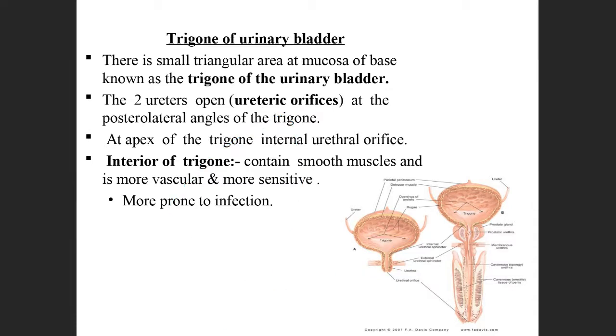So, the trigone of the urinary bladder is the triangular area of the mucosa known as the trigone of the urinary bladder. It has two openings. Two ureters open at the posterolateral angle of the trigone. See here, you remember where the ureters open in the urinary bladder.